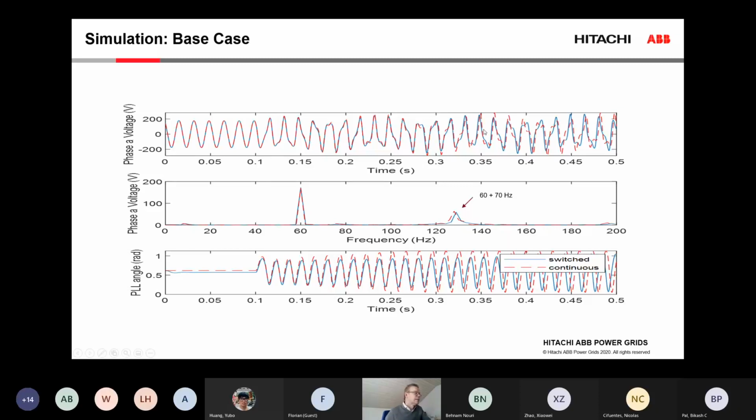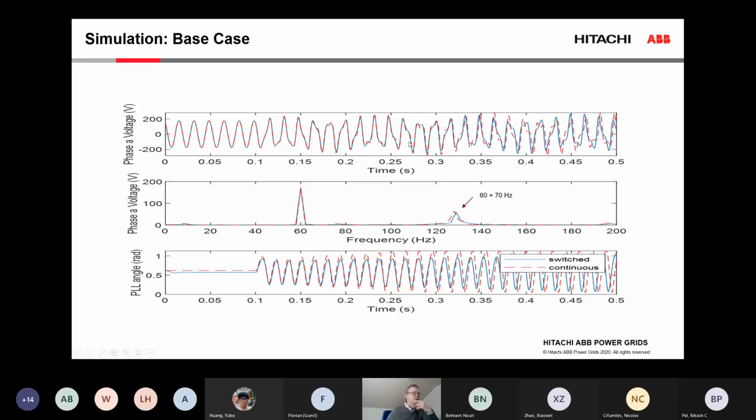This is a 60 Hertz model, so we have the fundamental at 60 Hertz, looking at the Fourier transform of the phase voltage. We see we have an additional peak at 60 Hertz plus 70 Hertz, or I think rather 79 Hertz.